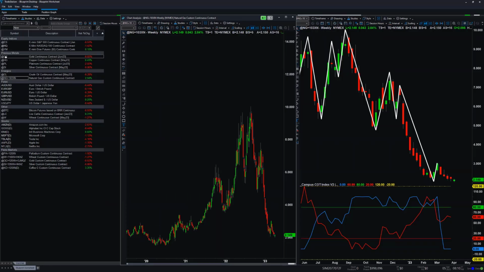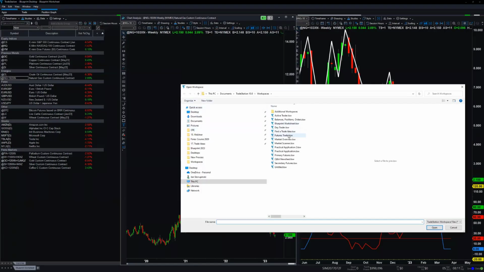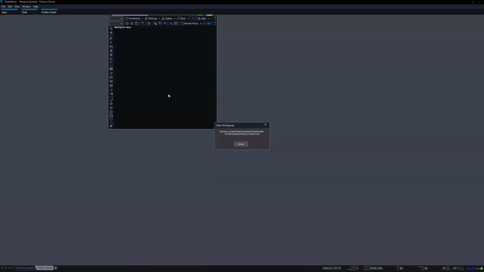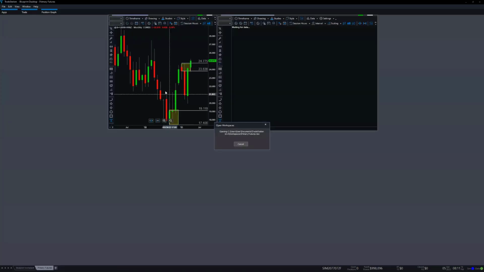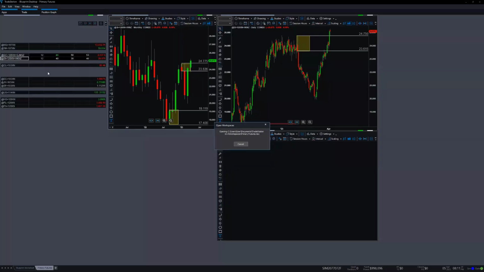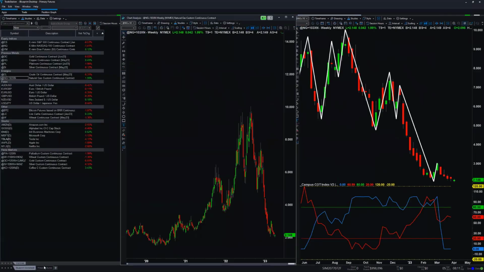Now, just to double check if I have the right one here, let me load one of my workspaces. Yeah, 103 XN, perfect. All right.